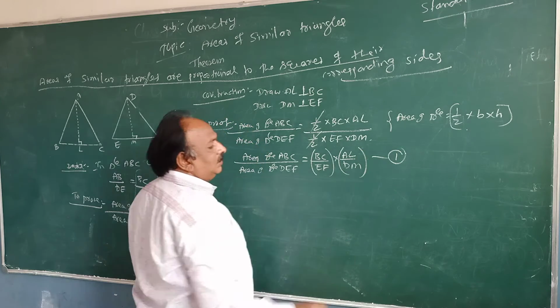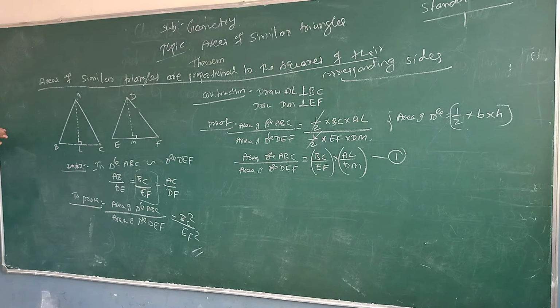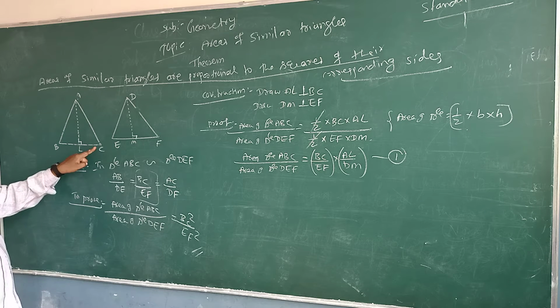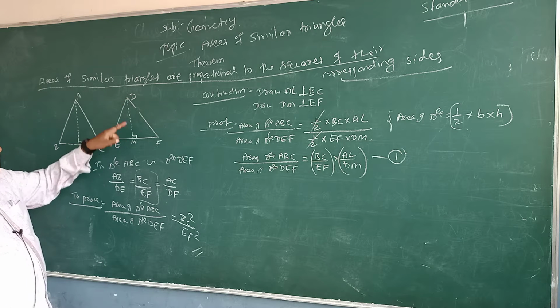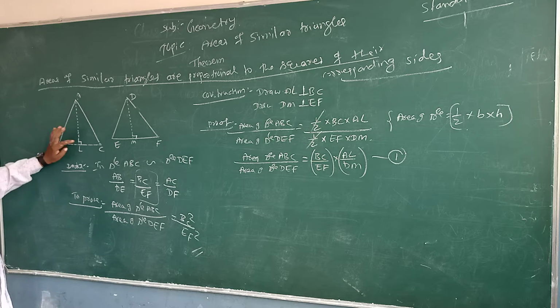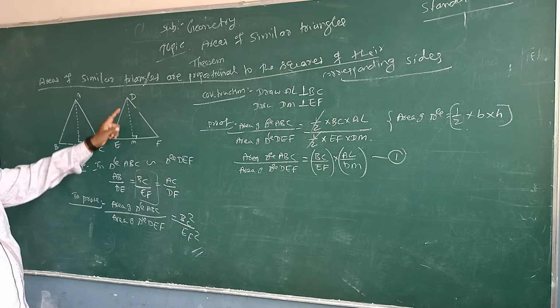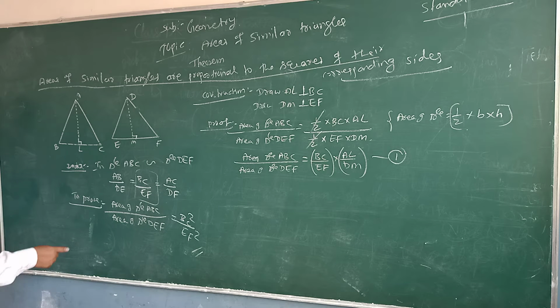Call this equation number 1. I want to explain once again. Draw AL perpendicular to BC, DM perpendicular to EF. Now we come to the proof.